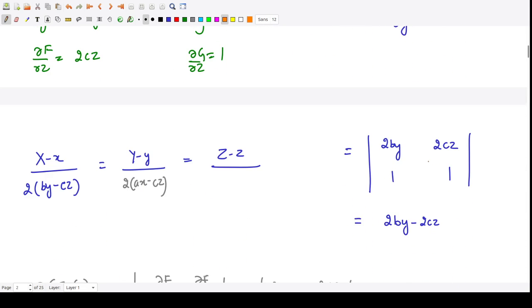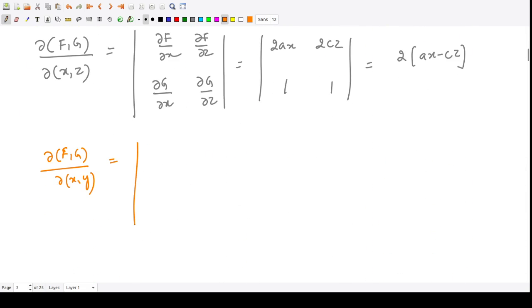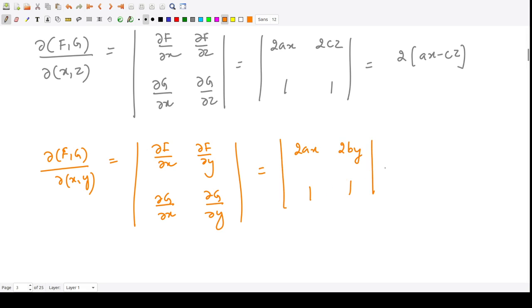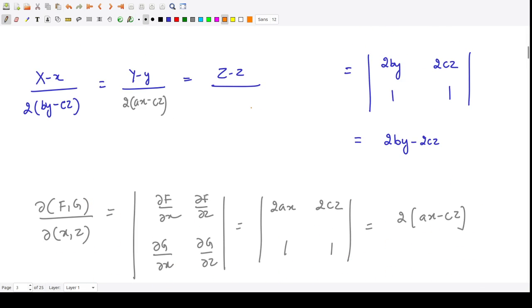So for that we'll use this formula: del f by del x, del f by del y, del g by del x, del g by del y. So we'll substitute the values: 2ax, 2by, 1 and 1. So when you calculate it, you have 2ax minus by. Okay, so 2ax minus by.